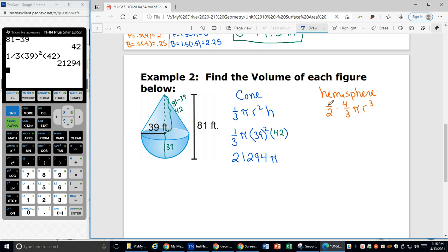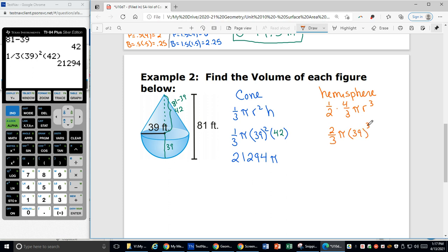Now I'm going to come over here. I know that 1/2 of 4/3, we did that when we did our notes. 1/2 of 4/3, 1/2 of 4 of them is 2 of them, right? So 2/3. Or we could do 1 times 4 and 2 times 3, 4/6, which reduces to 2/3. Pi times my radius cubed. The radius in my hemisphere is also 39.